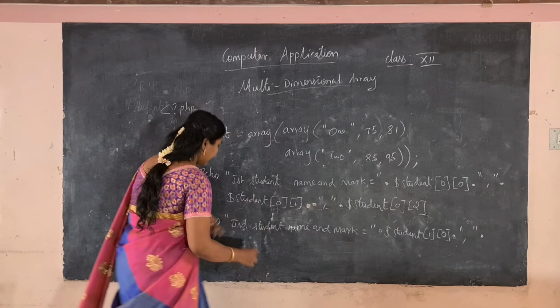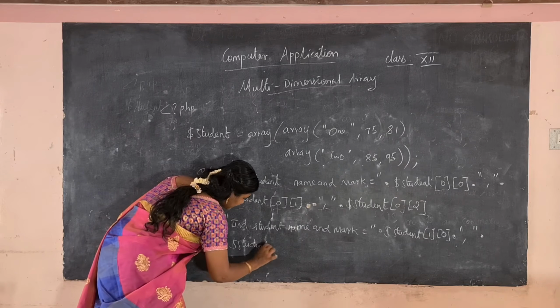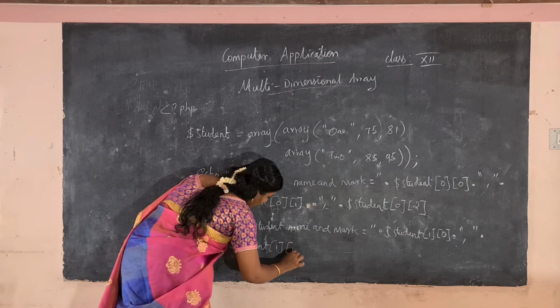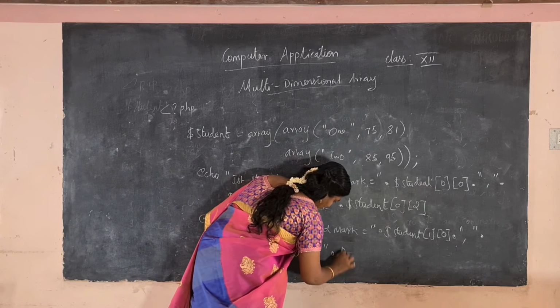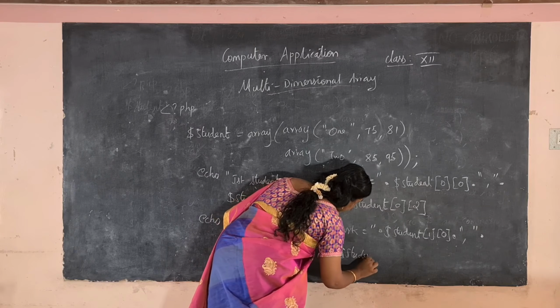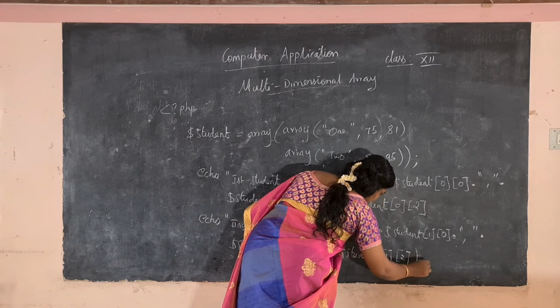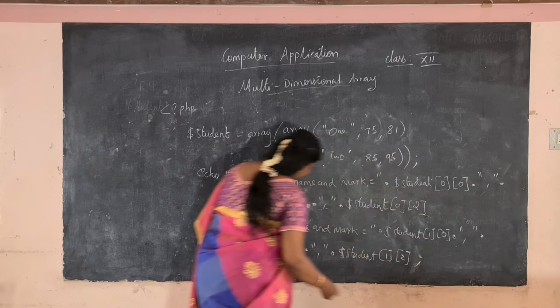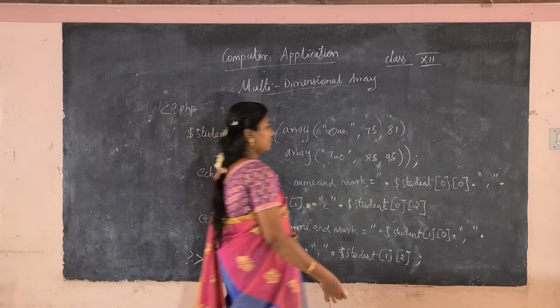So I am going to print the next 2 marks. So $student 1 1 dot comma dot $student 1 2. Okay, then question mark statement.